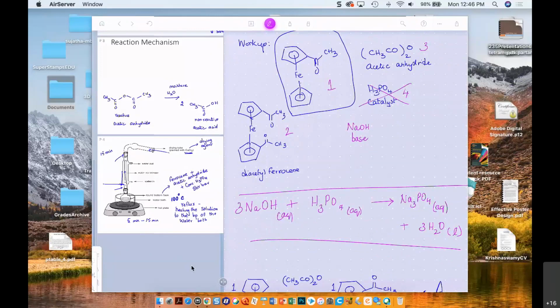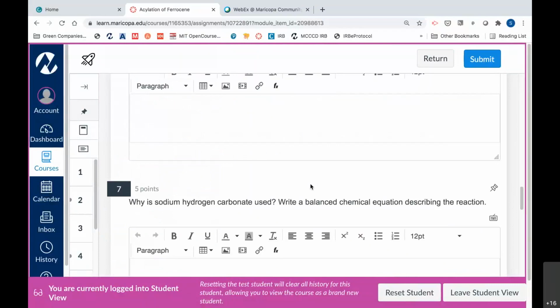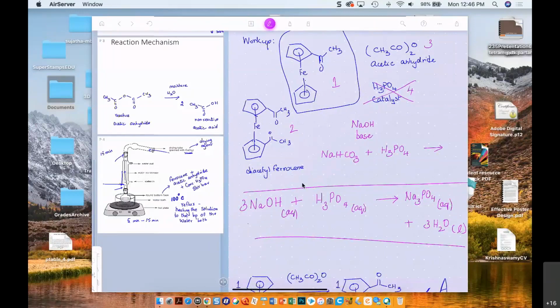A lot of times that is enough. In some cases, that's not enough. You're asked to add another base, sodium hydrogen carbonate. So if sodium hydroxide doesn't remove all the phosphoric acid, then you will use sodium hydrogen carbonate to remove any residual phosphoric acid. Of course, this is a weaker base. As I said, this should be enough. If it's not enough, you don't keep on adding too much sodium hydroxide because it actually reacts with the ketones. You don't want that.